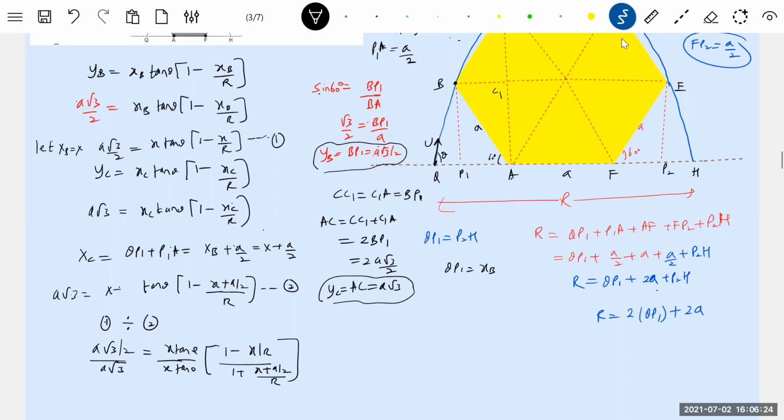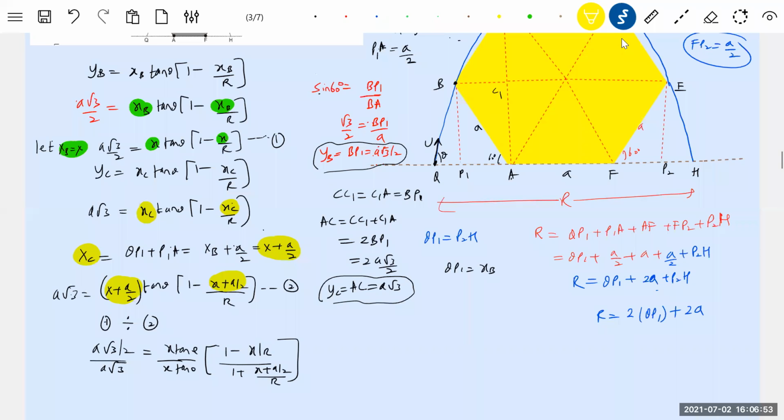Here it will come. I'll do one thing, I have colors, no? I'll just indicate so that what substitution we are making, it will be easy for us. The colors are indicated so that there won't be confusion for you.